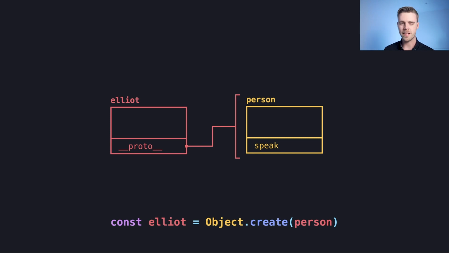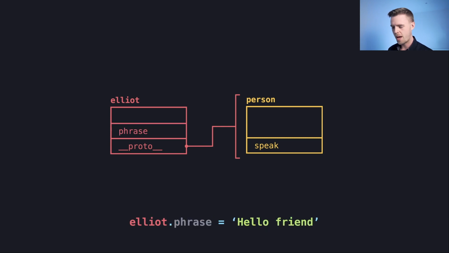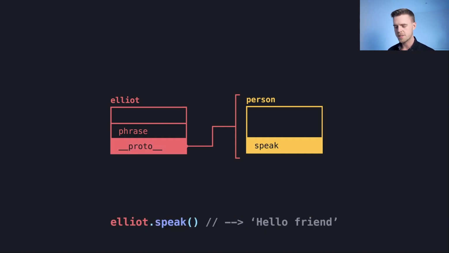Alright, so this is all well and good, but what can we now actually do? Well, let's go add a phrase to Elliot. So we'll say Elliot.phrase is equal to hello friend. And now we can go Elliot.speak. And as we learned from the previous video, what JavaScript will do is it'll go check the Elliot object for a method speak.